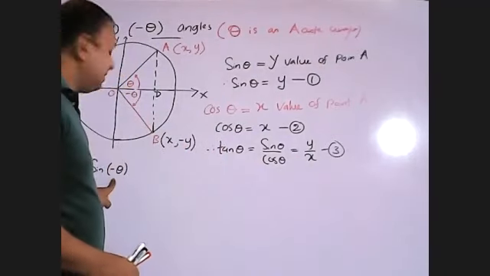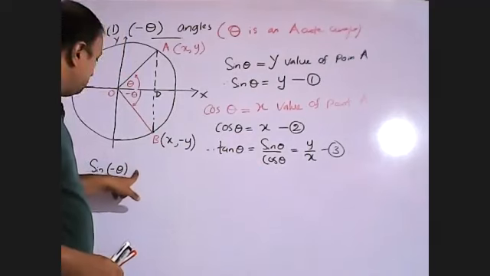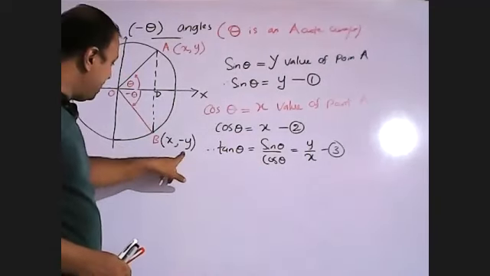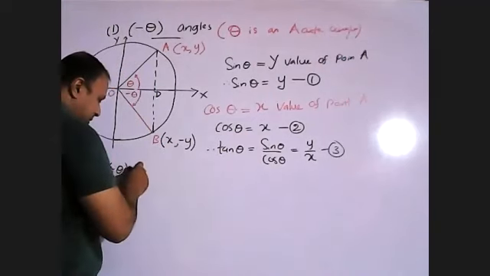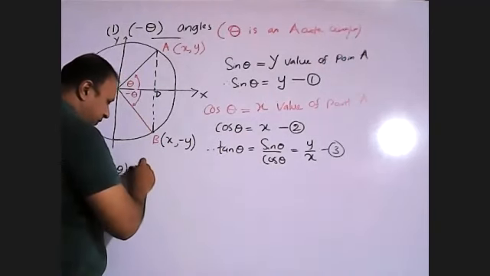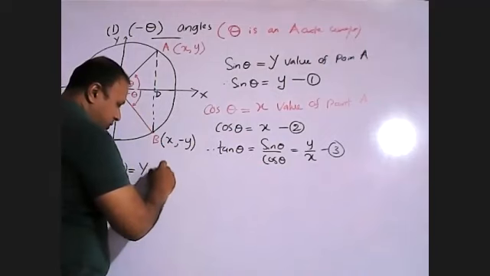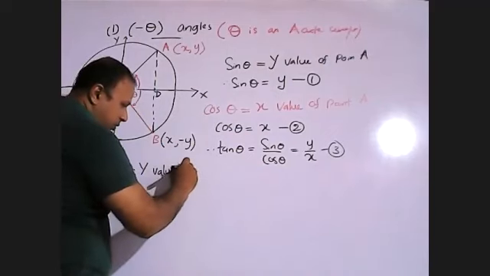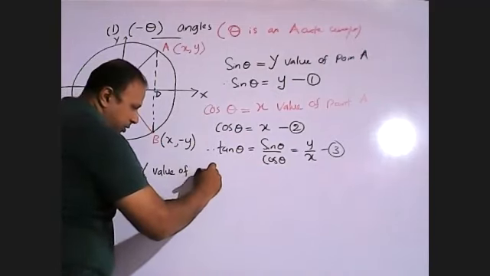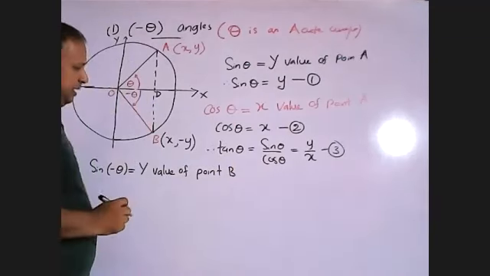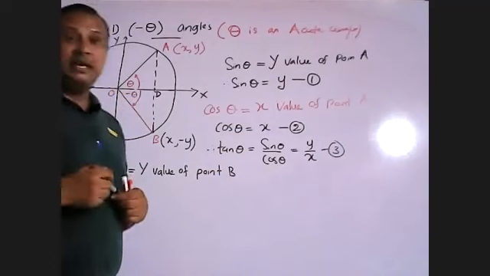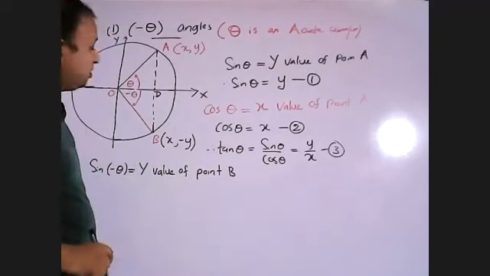Therefore, sine minus theta should be equal to the y value of point B. That's why I always use the unit circle.